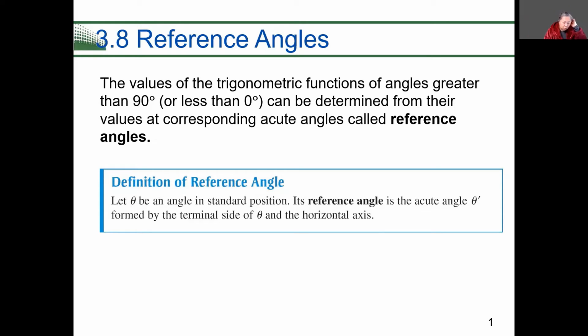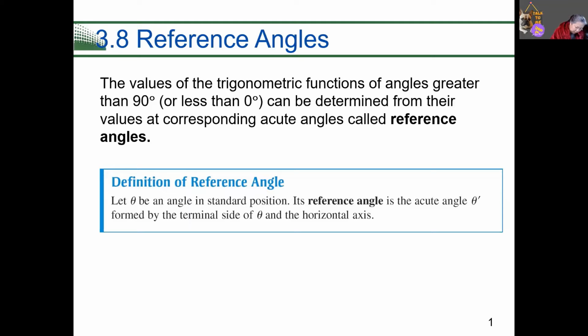So the original angle theta and its reference angle is alpha. I'm more used to calling it alpha, okay? So sometimes I will call it alpha. What I'm talking about as alpha is the reference angle of the given original angle. That's it, okay? But it says it's acute.